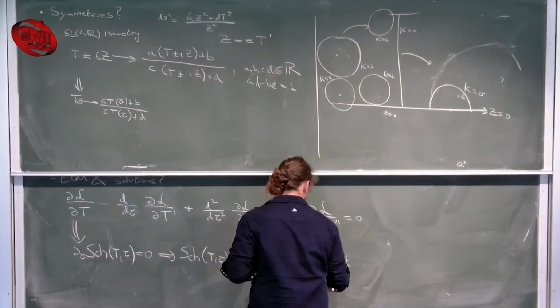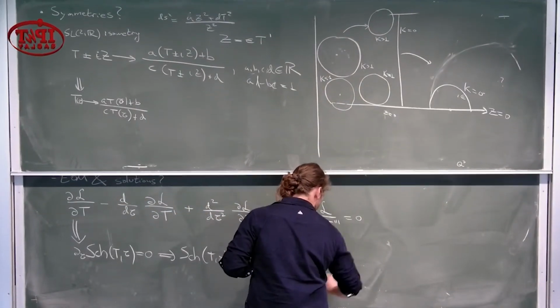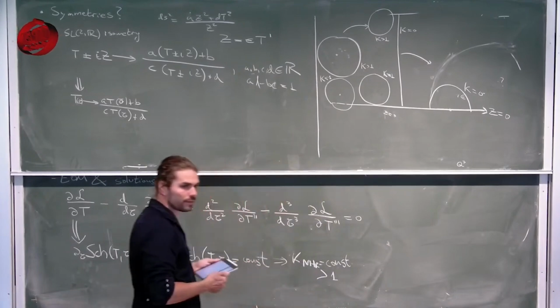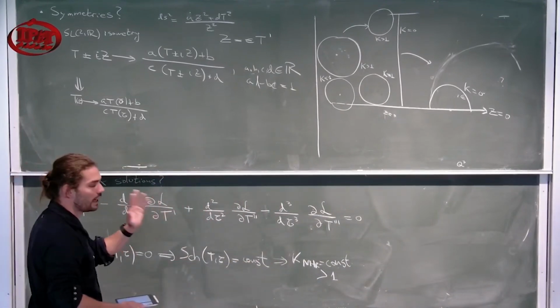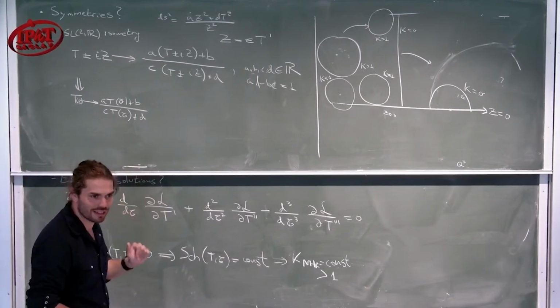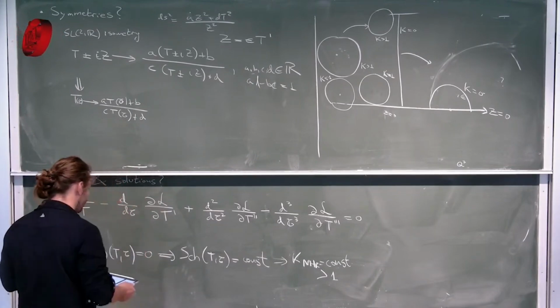So k is a constant that's bigger than 1. We will actually come back to that, maybe in the fourth or fifth lecture.